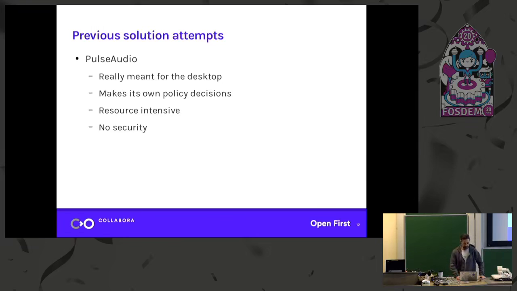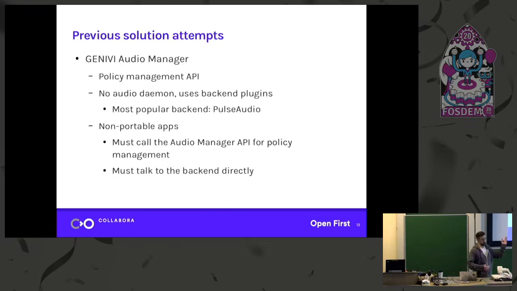And then there have been things like the Genivi Audio Manager, which is building on top of Pulse Audio. It uses Pulse Audio as a backend. Optionally, it can use other backends as well. It basically builds an API for policy management on top of that, but it has a couple of shortcomings: you must call the Audio Manager API, so the applications need to be aware that this exists.